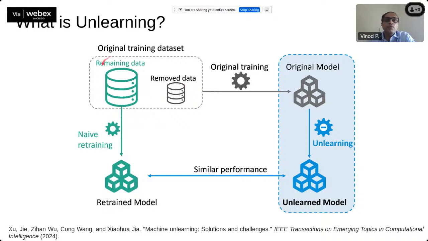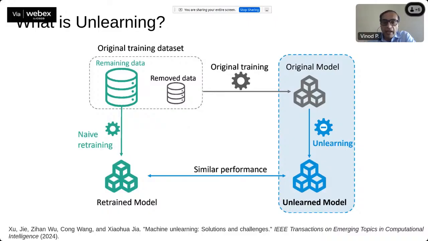On the contrary, if you give the remaining data to the unlearned model, the prediction score should be equivalent to what we got in the original model. So what we want to achieve through machine unlearning is that the model utility on the remaining data should be the same as the original model, but at the same time the prediction probability for the sensitive data points, or the forget set, or the unlearning set, or the private set, should be low, random low.